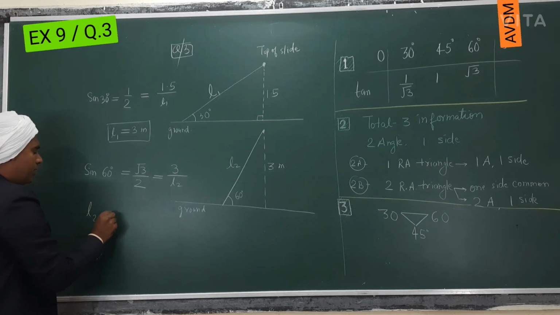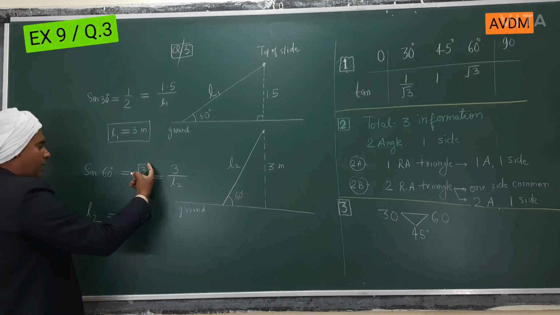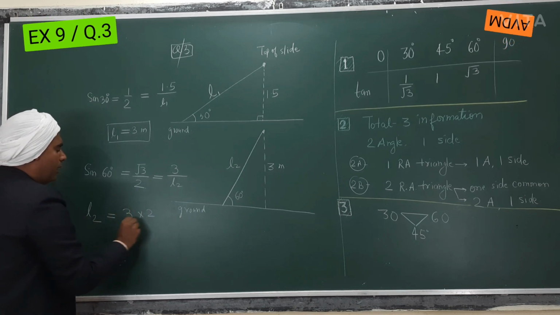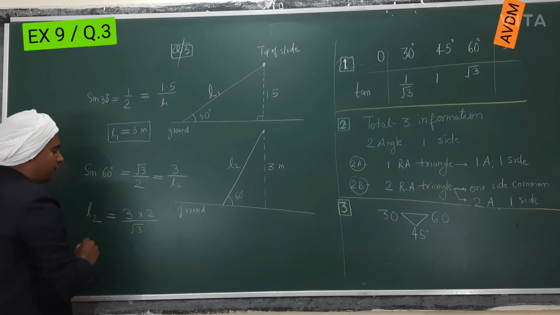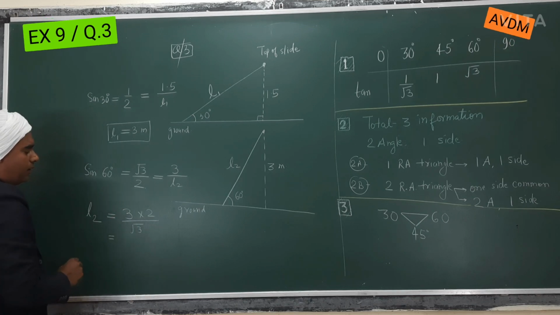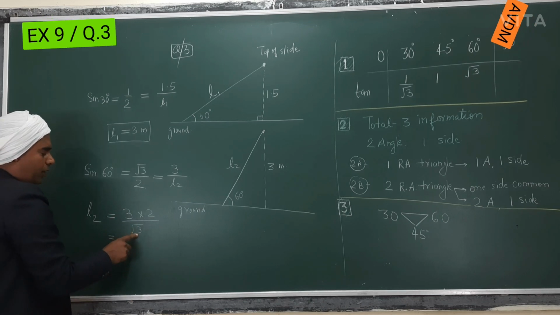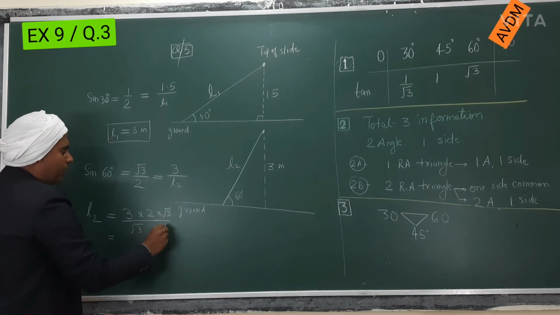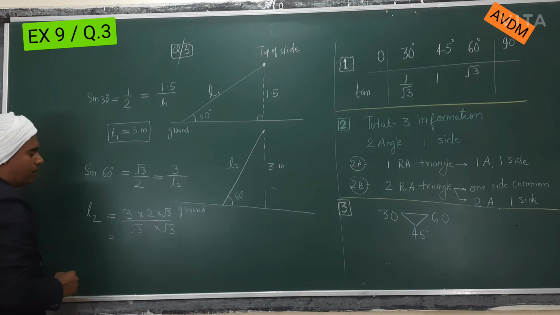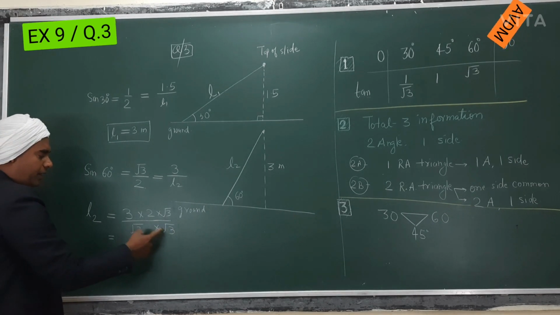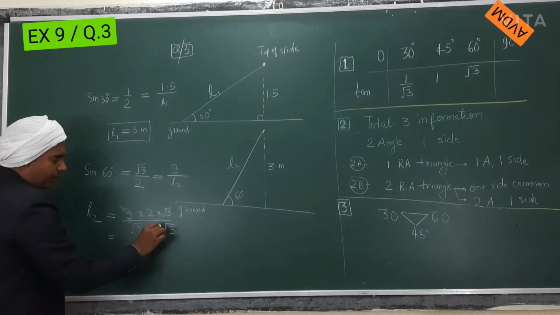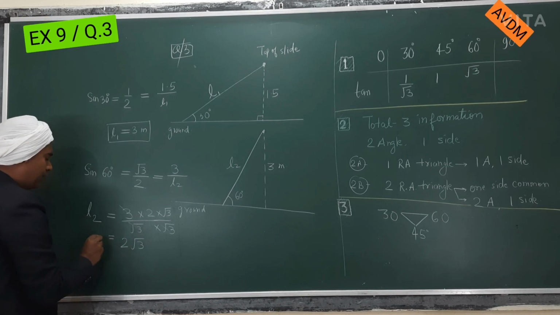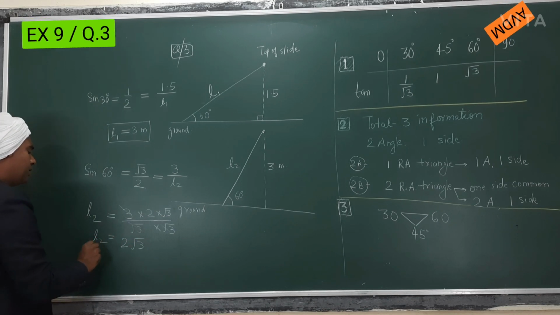L2 is equal to 3 into 2 upon root 3. Here we will rationalize root 3, so root 3 into root 3 will be 3, and 3 will be cancelled. So you will get 2 root 3. L2 is equal to 2 root 3. So this is the answer.